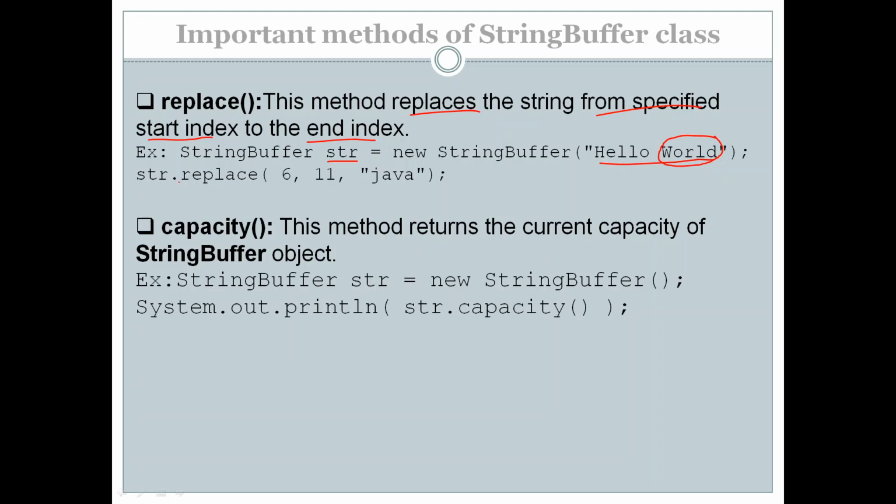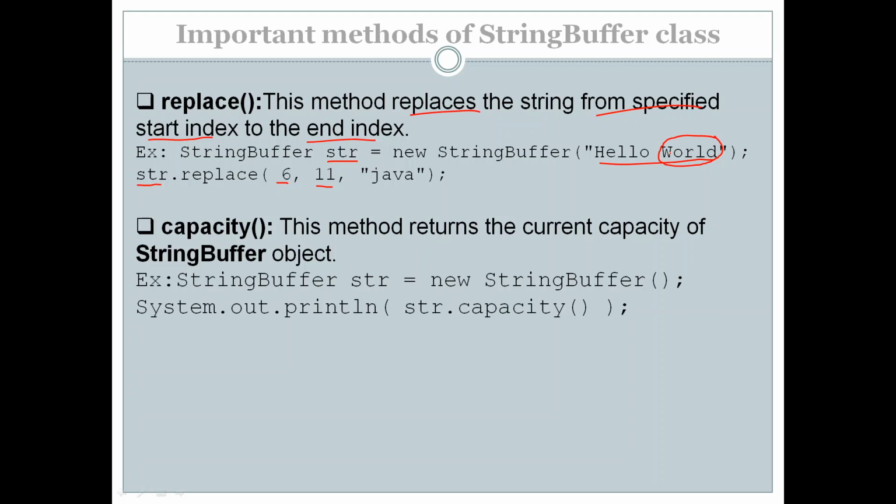Now look at here, str.replace, with the starting index and ending index specified. I want to replace characters from index position 6 to 11. If you look at the index positions, H is at the 0th position, then 1 2 3 4, space is 5 and W is 6, remember.